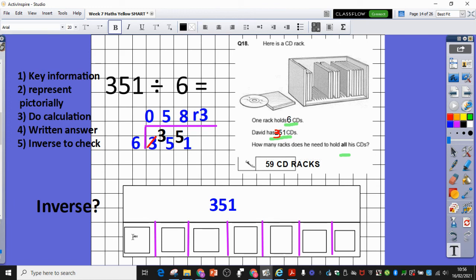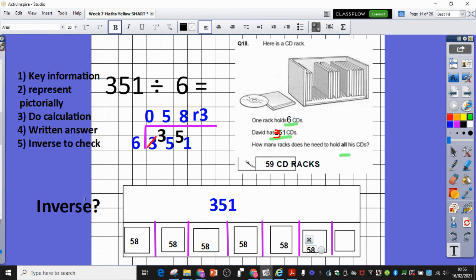Now, to represent this pictorially, what I'm going to do is put 58 in each one of these, 58, 58, 58, 58, 58, because that's 6. 1, 2, 3, 4, 5, 6.